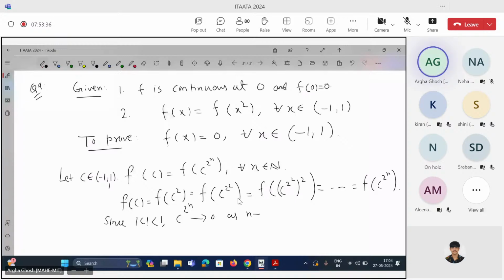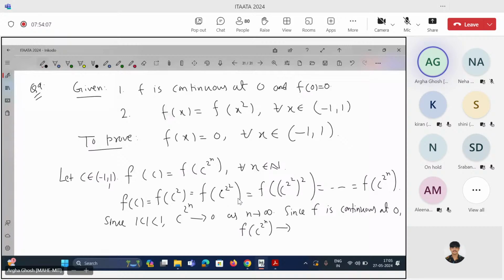Now using the fact that f is continuous at 0, what can we write? Since f is continuous at 0, f of C to the power 2 to the power n converges to f of 0, which is 0.